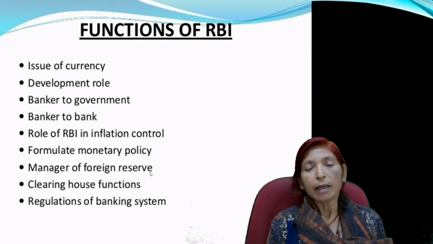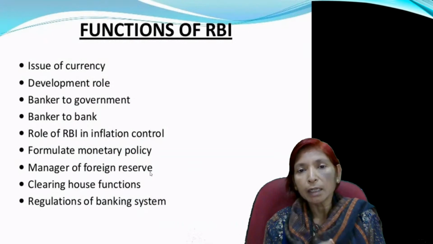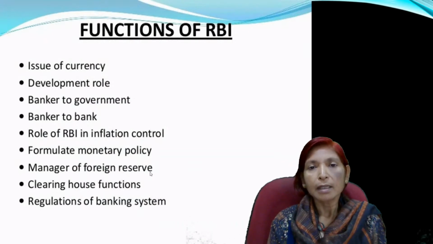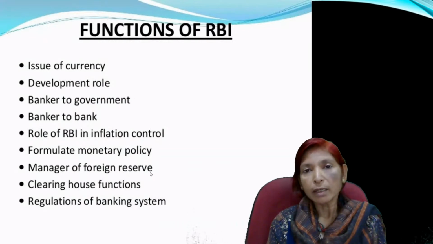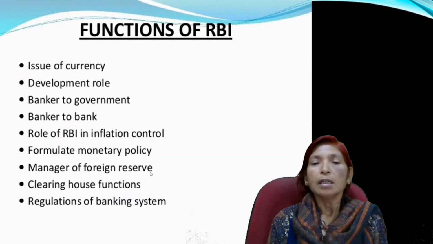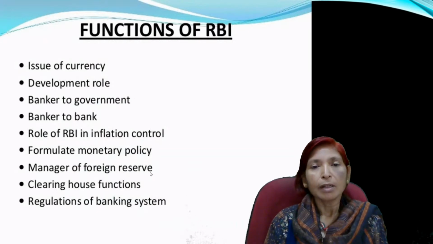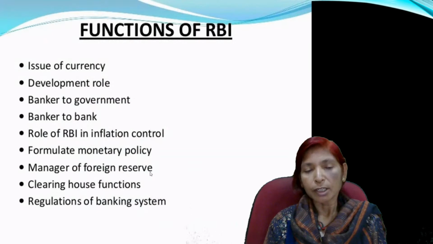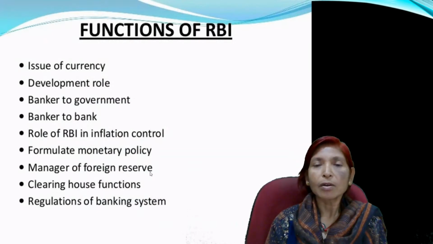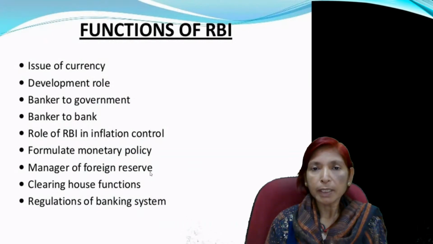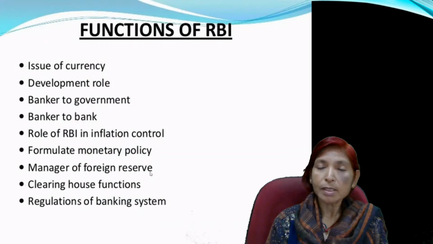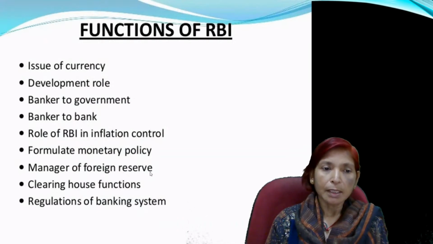At the time of inflation, RBI can control the inflation rate by using instruments, qualitative and quantitative, which are very necessary to control economic conditions like inflation or deflation. Inflation is a situation when prices rise continuously for a longer time period, and deflation is a situation when prices fall continuously for a long time period.